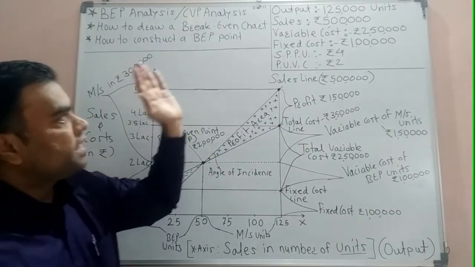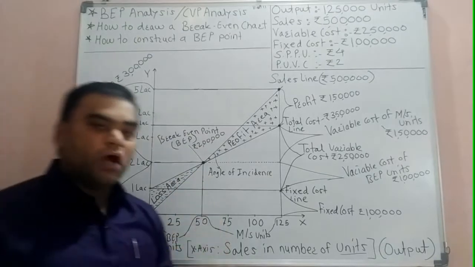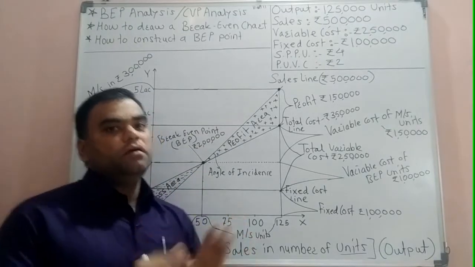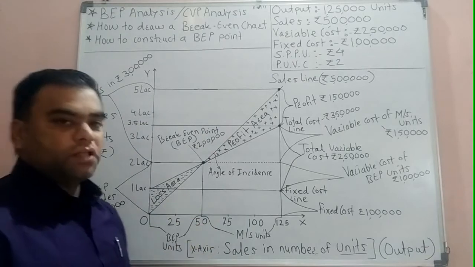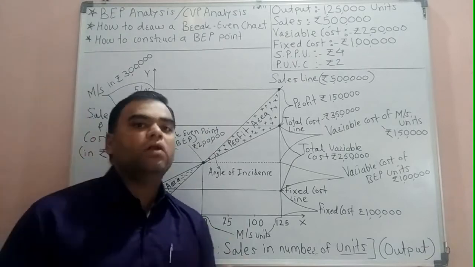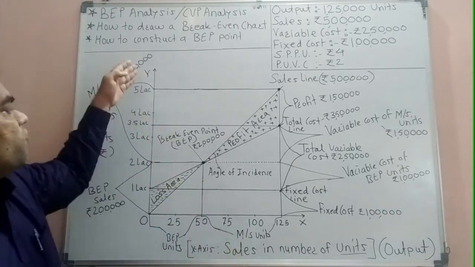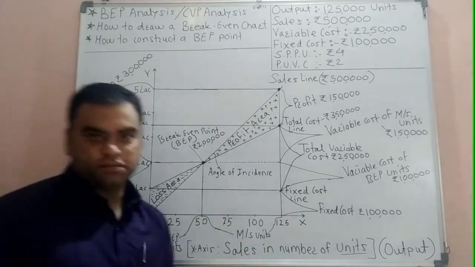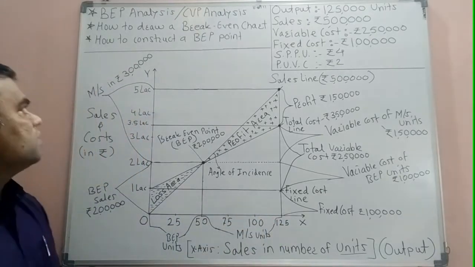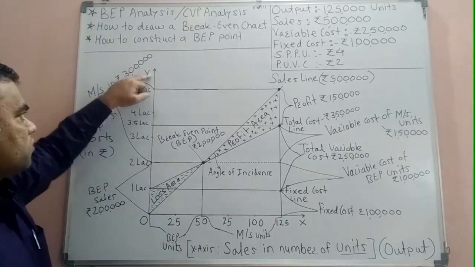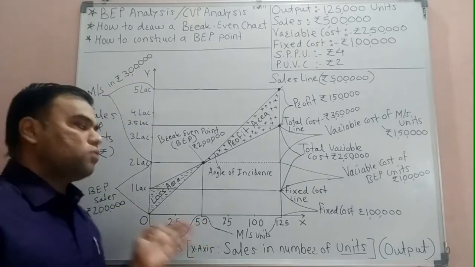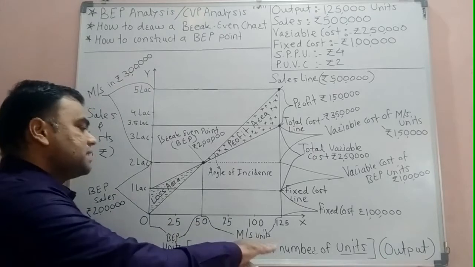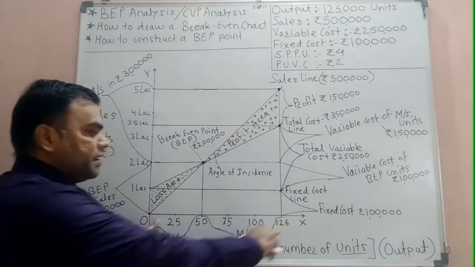With the help of the data given in this example, we are now going to construct a break-even chart. So how do we construct a break-even chart? First of all, we have to draw the y-axis, the vertical line, and then the x-axis, the horizontal line.